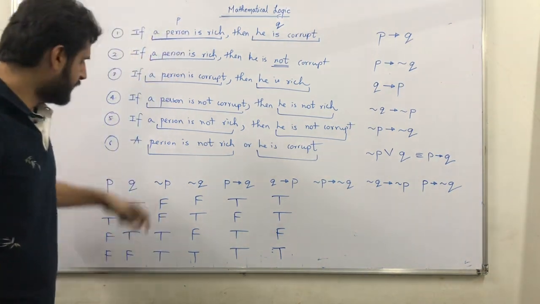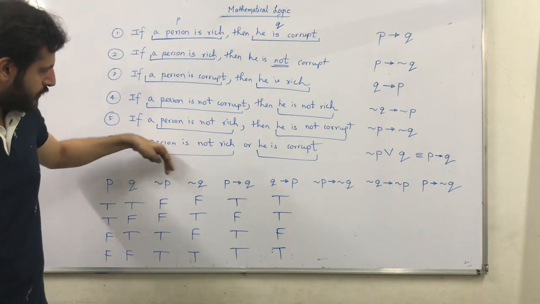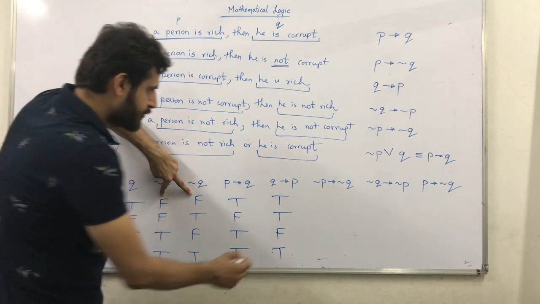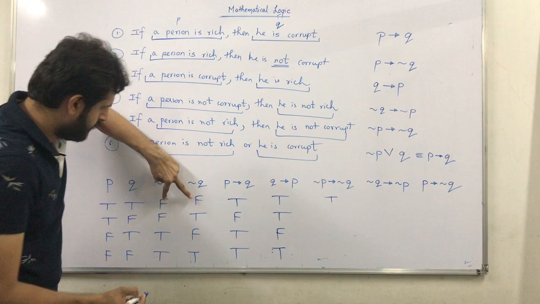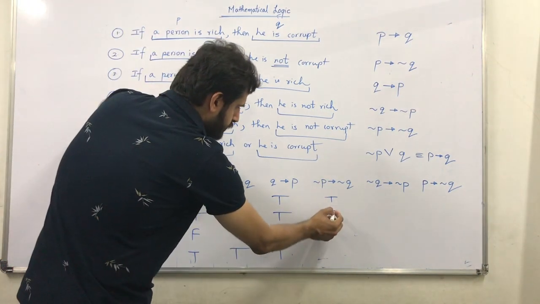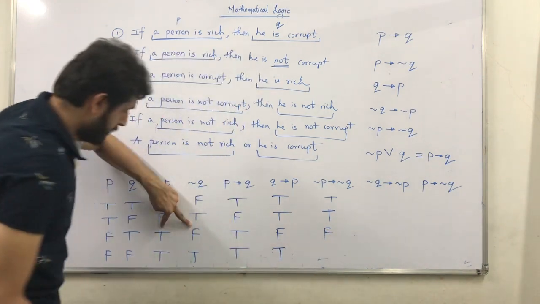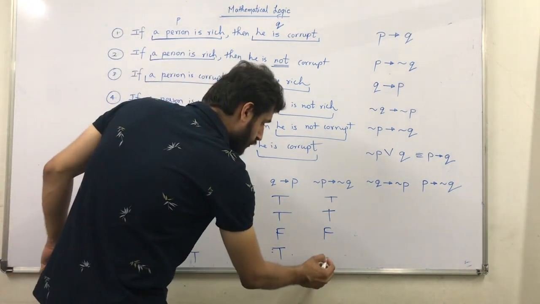Now we have negation P implies negation Q. False implies false is true, false implies true is true, true implies false is false, and true implies true is true.